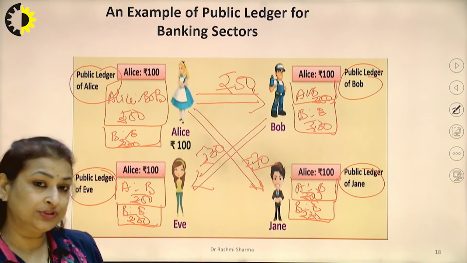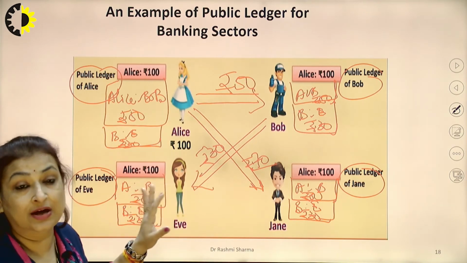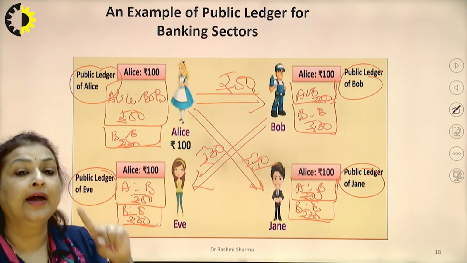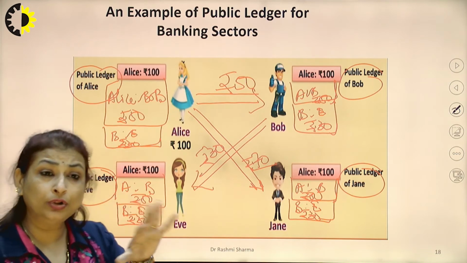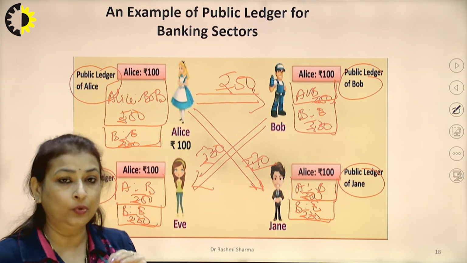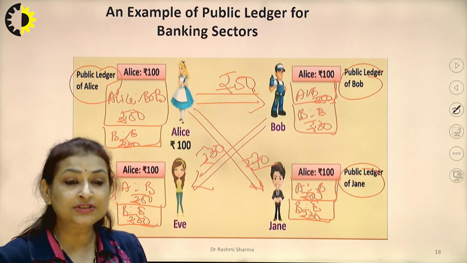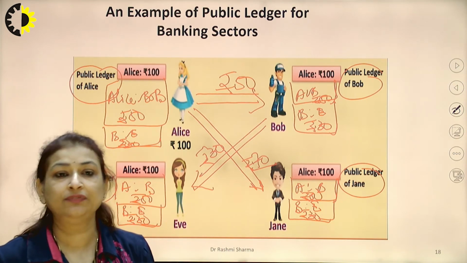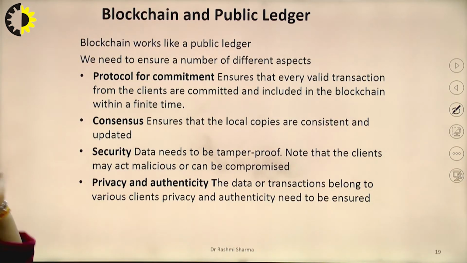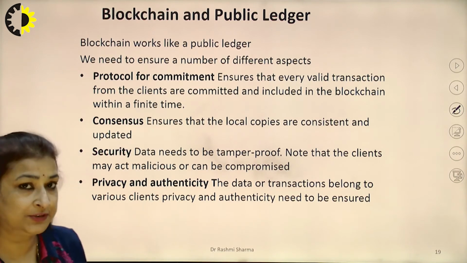If I have thousands of users in this public ledger example, then when we do one successful transaction, we have to update all those 1,000 public ledgers, so that each and every node participating in that blockchain has a synchronized copy of the transaction which was done. So blockchain is a public ledger. I think public ledger might be clear at this point.